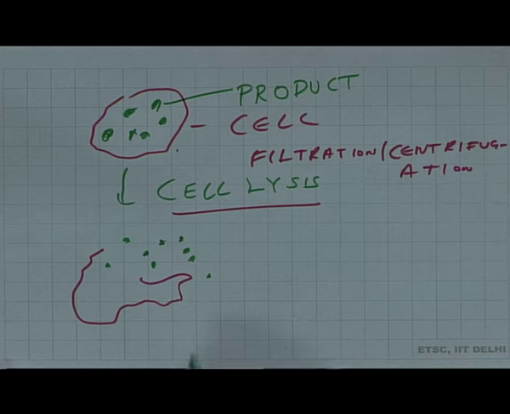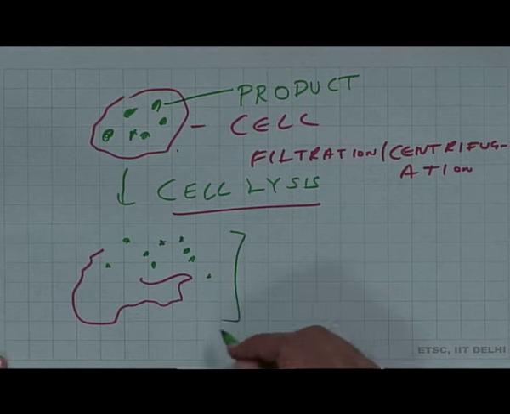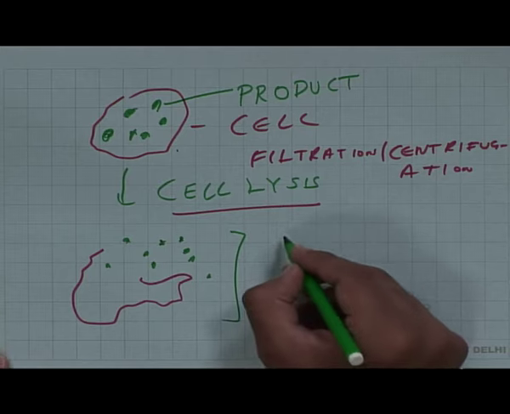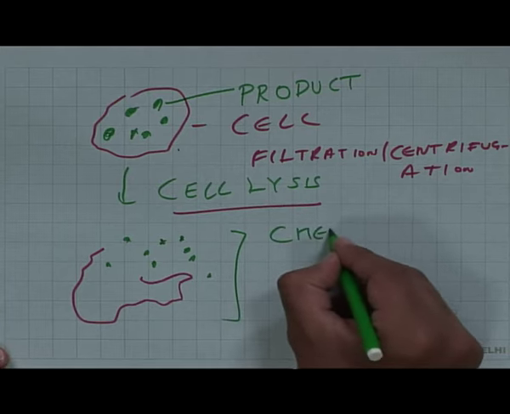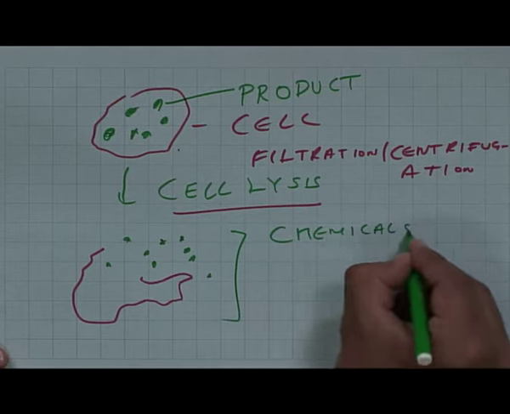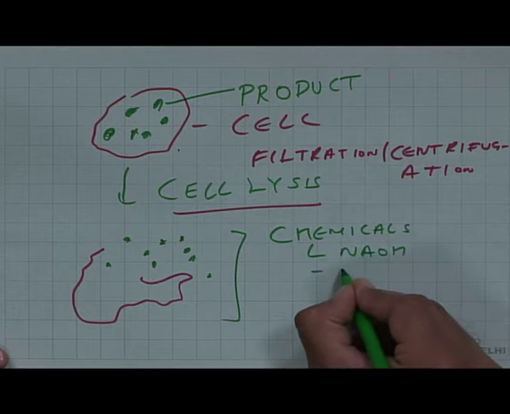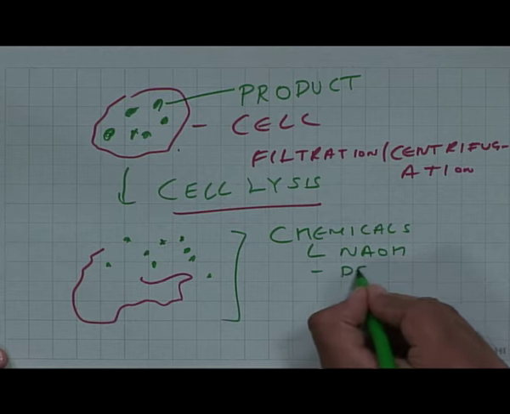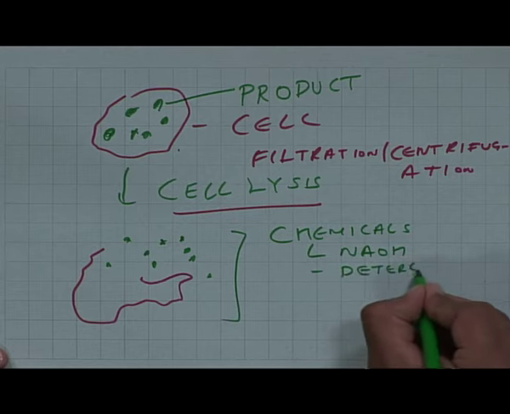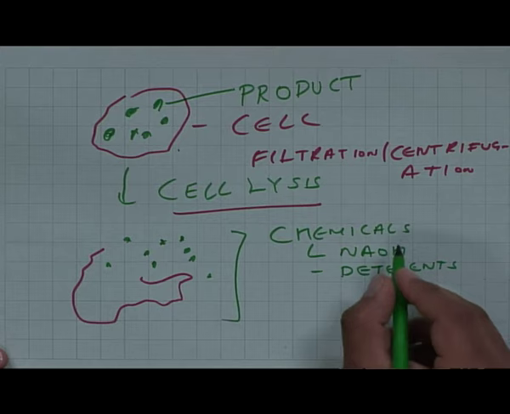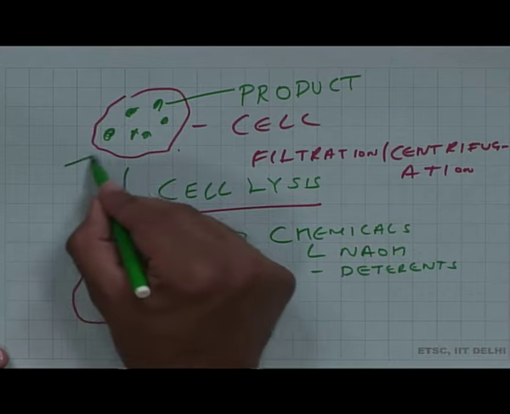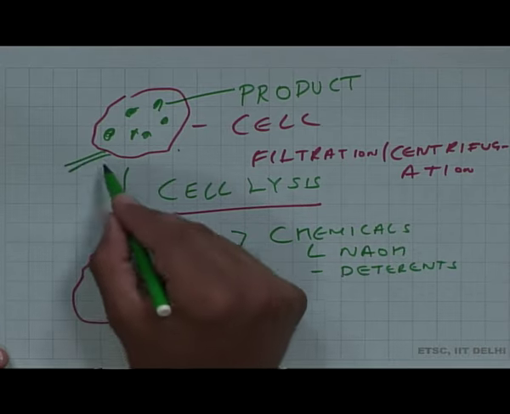Okay. And there are several methods to do this cell lysis. You can use chemical, okay, like NaOH or detergent or surfactants. Basically, they destroy the cell wall, which is this. Okay.